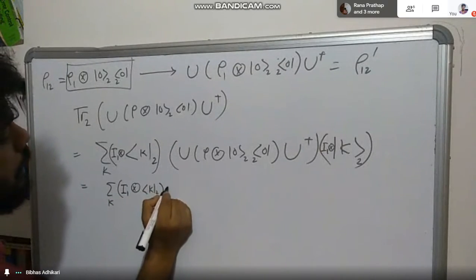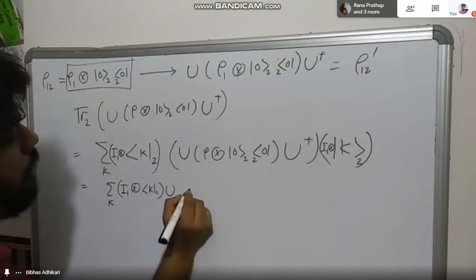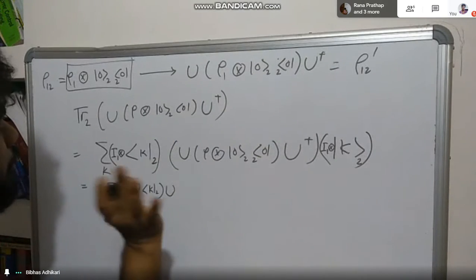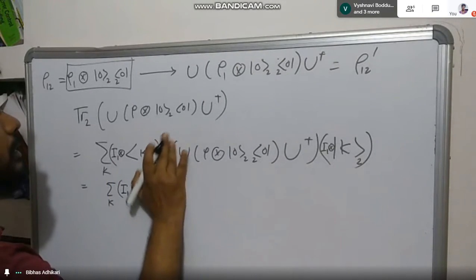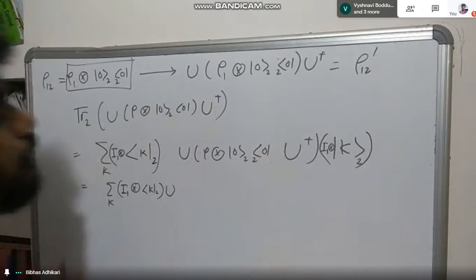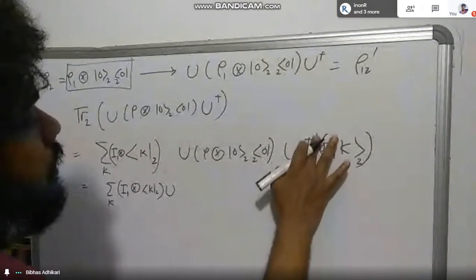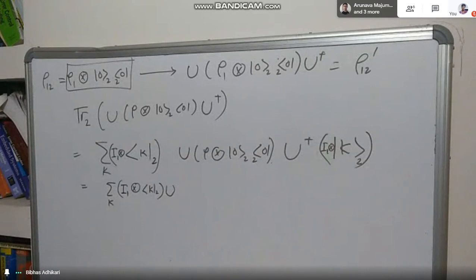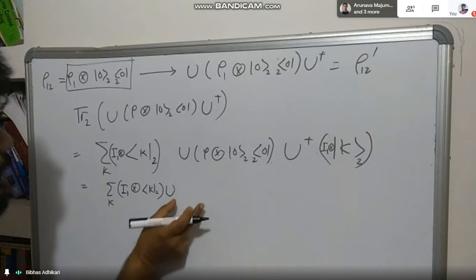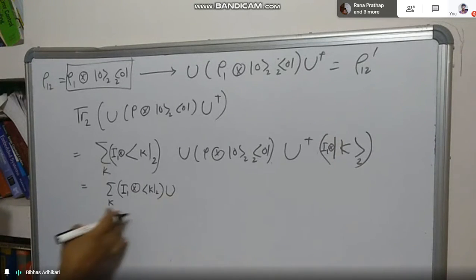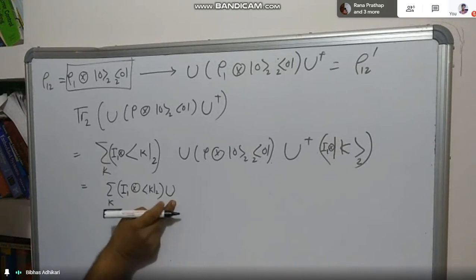And then U. I'm just removing this bracket, I'm not doing anything. Now somehow I cannot do this tensor product. I cannot make a product of this with this one.